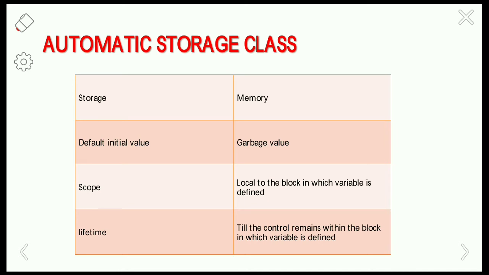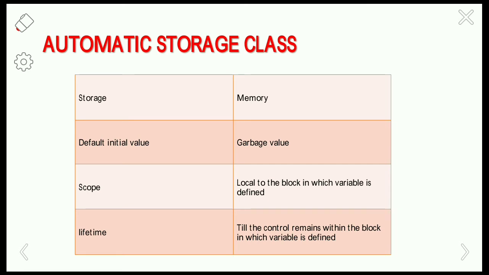Here the initial value is not specified, so the compiler will take the default initial value. Next, coming to the scope of the variable. The scope is local to the block in which the variable is defined. Scope means the availability of the particular variable, that is, in which part of the program that variable is available.